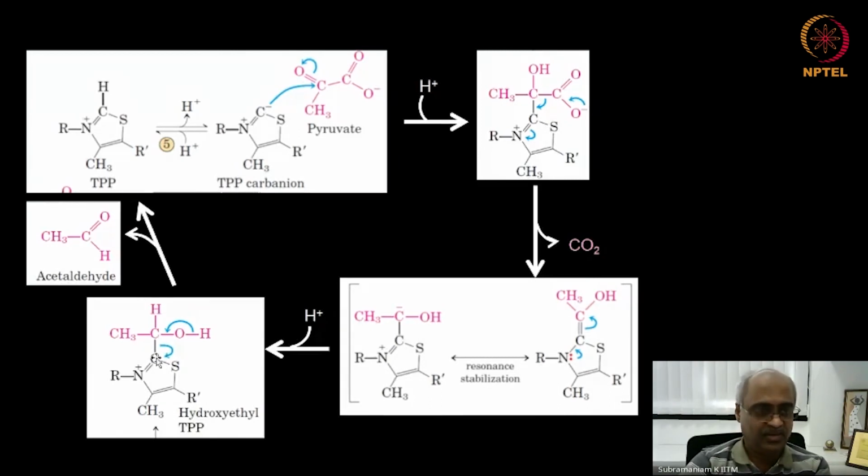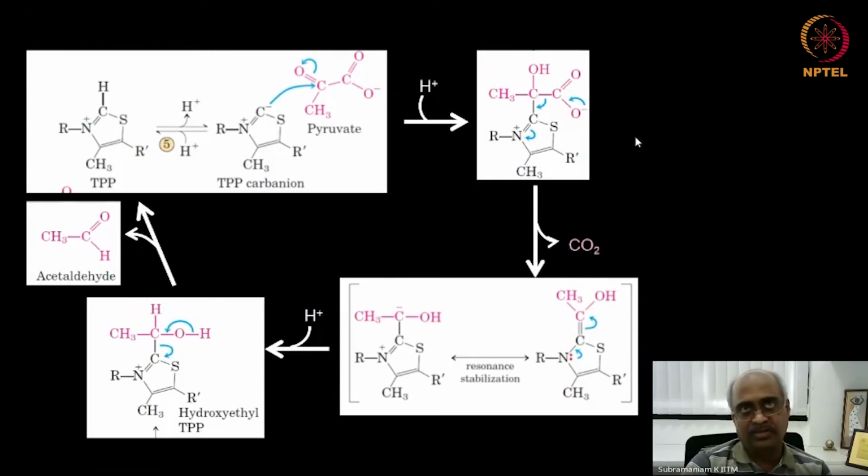So this is how acetaldehyde is carried, and therefore this hydroxyethyl structure is normally called the active acetaldehyde group. This is actually the activated form which can readily donate the acetaldehyde to another substrate. So that is the kind of reaction in which TPP becomes important.